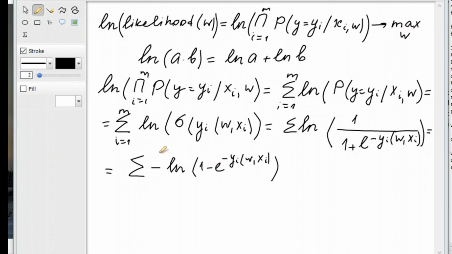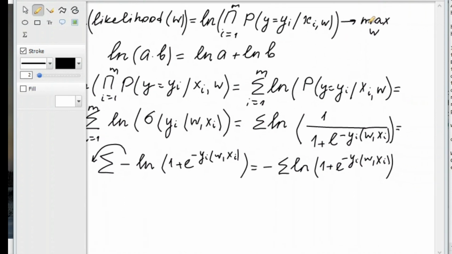Now we can take the minus out of the sum, so it will be minus the sum of logarithms of one plus exponent, and this expression should be maximized by W.